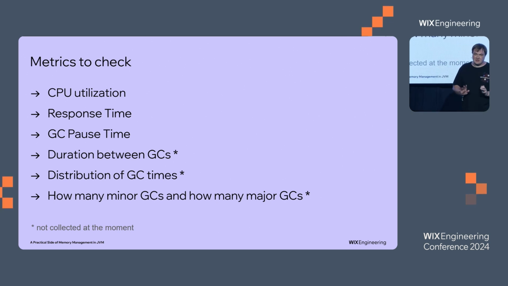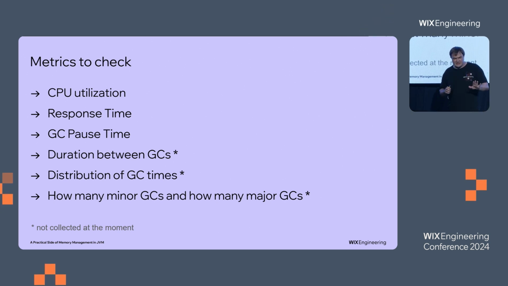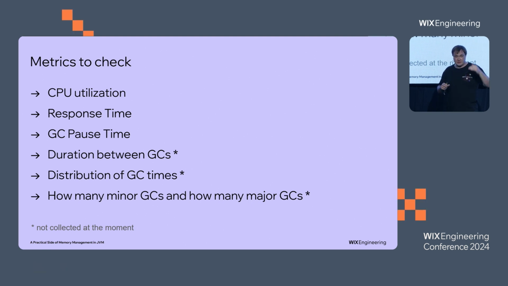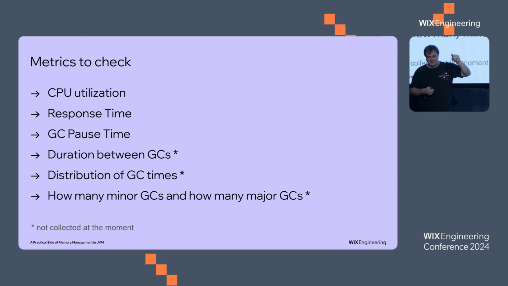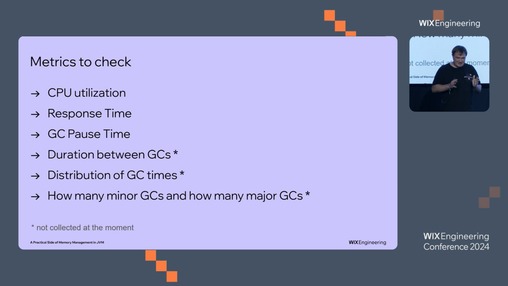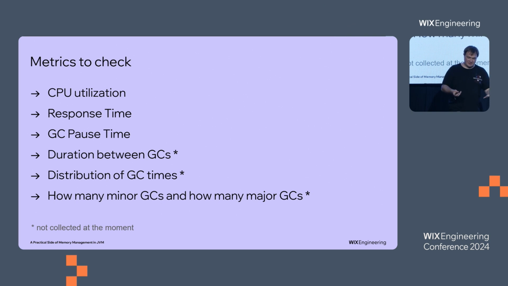CPU utilization is a metric that you need to check in your load test, to be in correspondence with the auto-scaling target. It doesn't make sense to do a load test in which you consume more or less CPU than your actual target in production. Your load test should show how your application operates normally under normal circumstances.